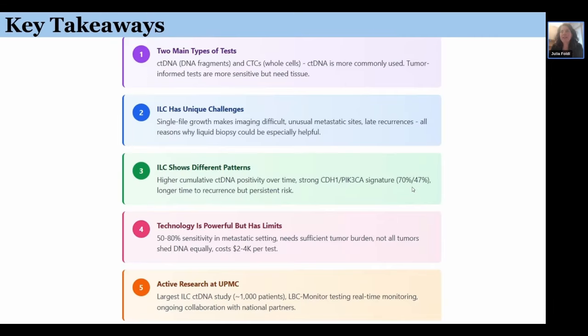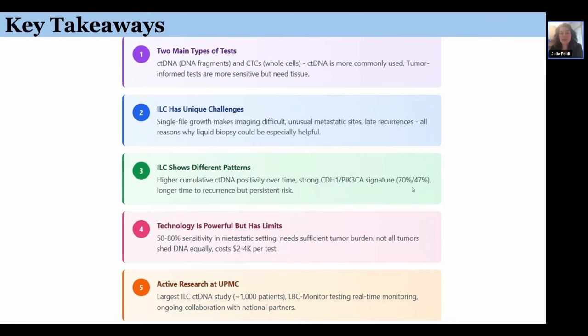So my key takeaways, I hope that I was able to show you today the 2 main types of tests, ctDNA and CTCs, or whole cells. I hope that I convinced you that ILC has some unique challenges, and that because of these unique challenges, we may be able to use liquid biopsies in this disease more than in other breast cancers.